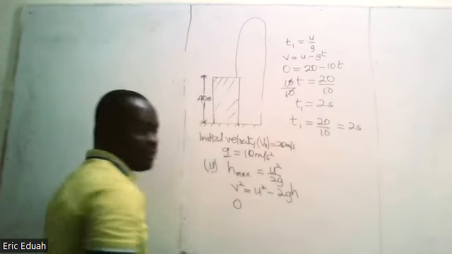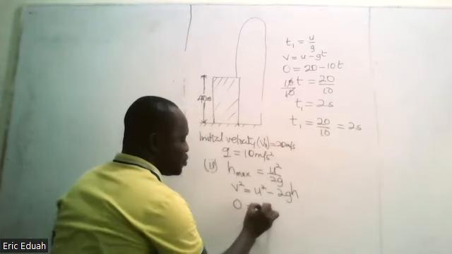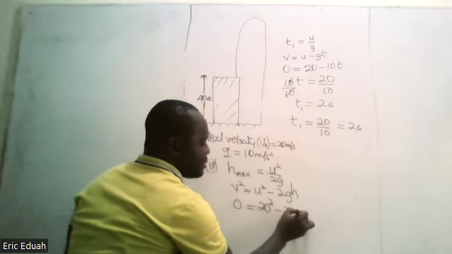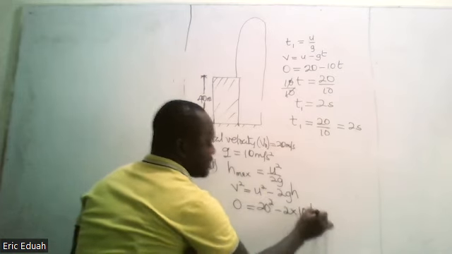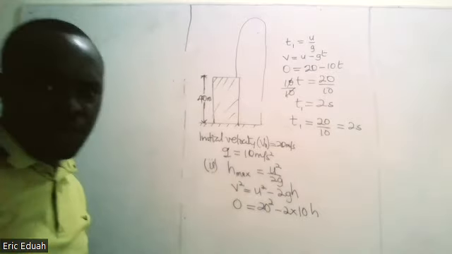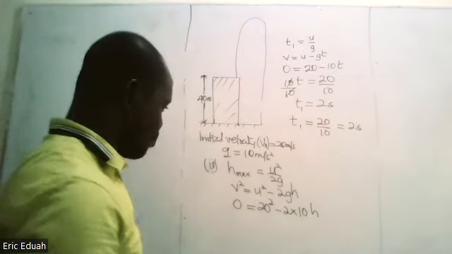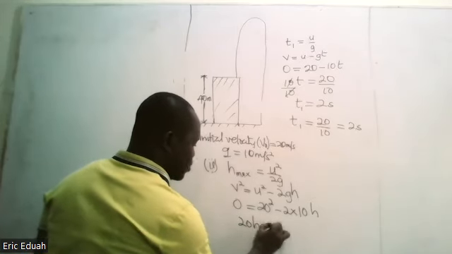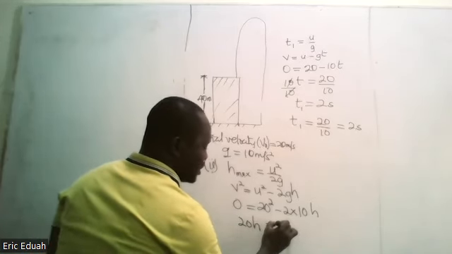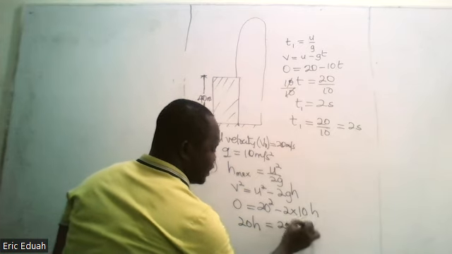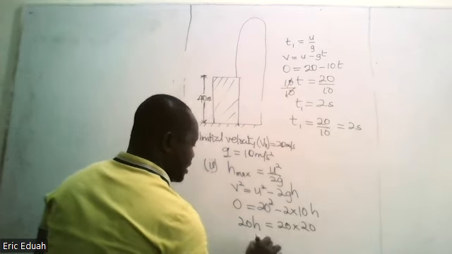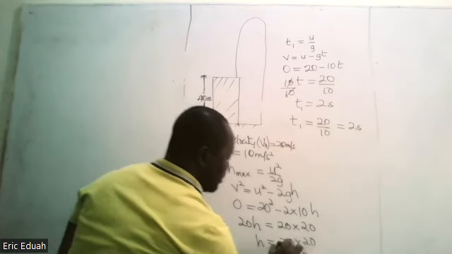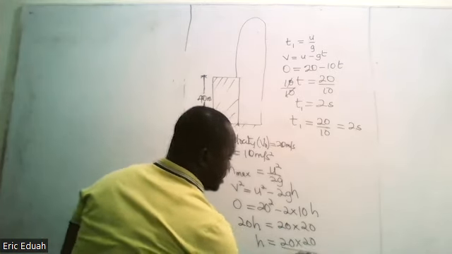So 0 is equal to 20 squared minus 2 times j, which is 10, times h. H is what we are looking for. So 20h is equal to 20 squared, which is 20 by 20. Therefore, h is equal to 20 by 20 divided by another 20.